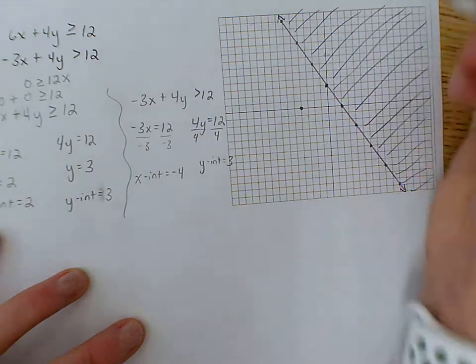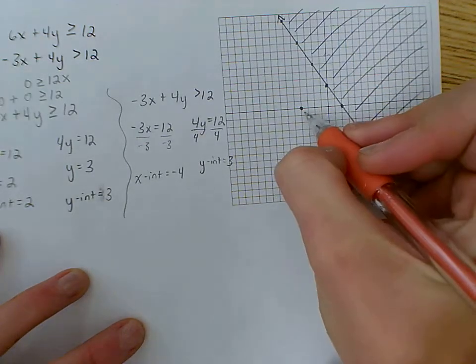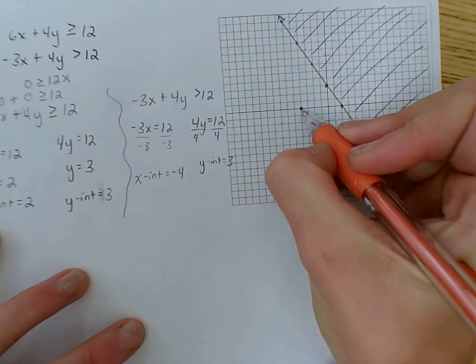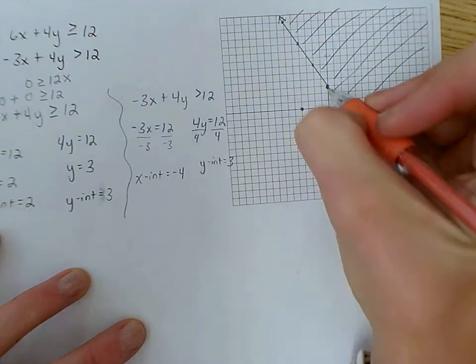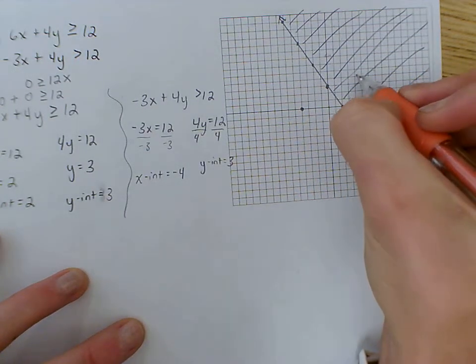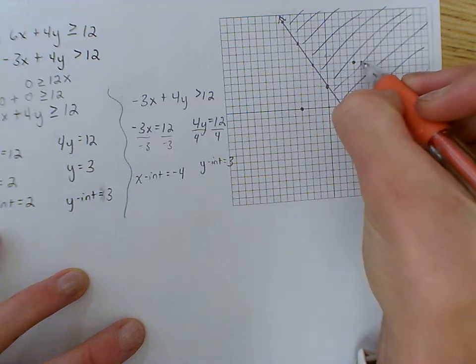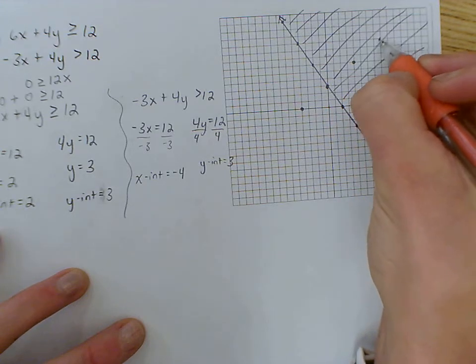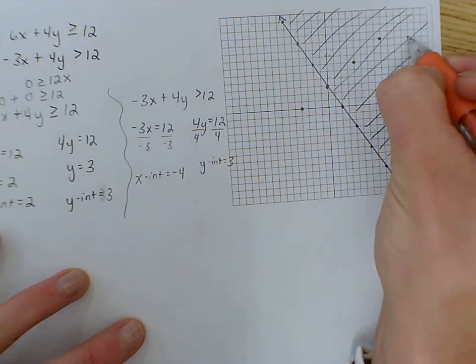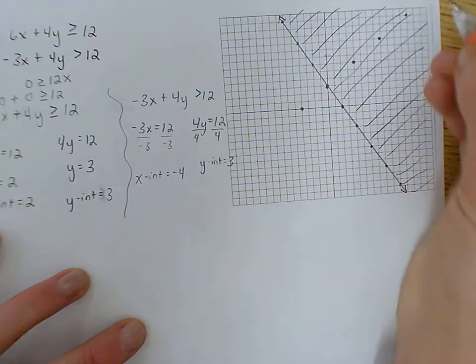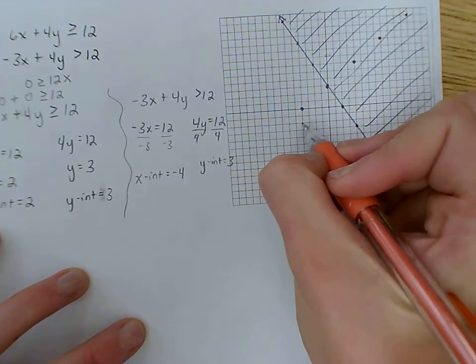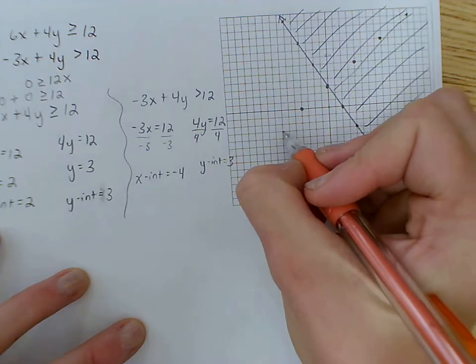Then just like you did before, find that pattern. To graph this line, I'd have to go to the right 4 and up 3. So I'm going to keep that pattern going. And then to go the other way, you do the opposite.